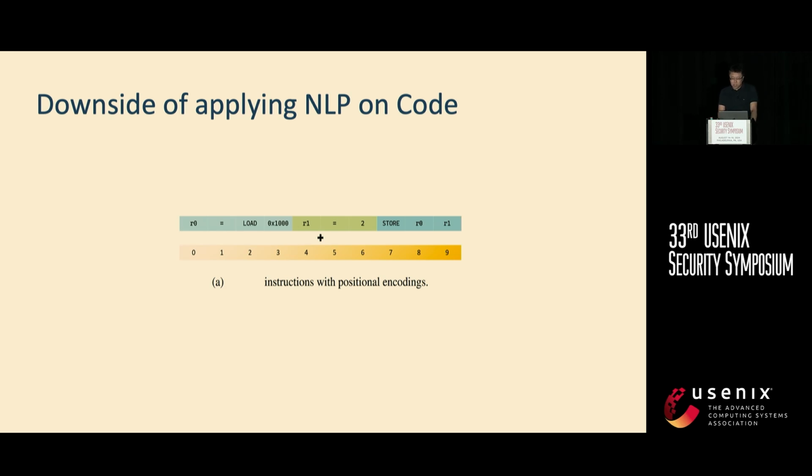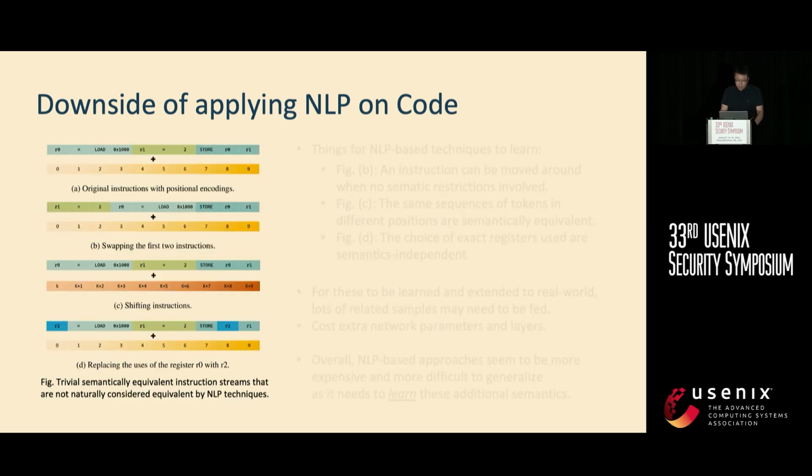Modifying either token content or token position results in different inputs to NLP-based methods. If such modification does not change code semantics, NLP-based methods need to learn from that. The figure on the left shows three trivial semantically equivalent variants that the sequence representation imposes on NLP-based models to learn.